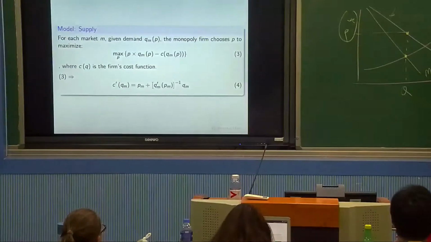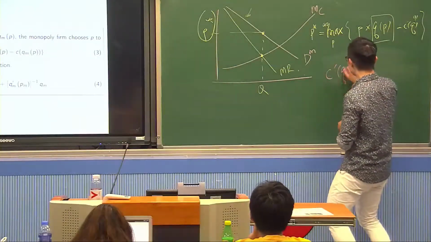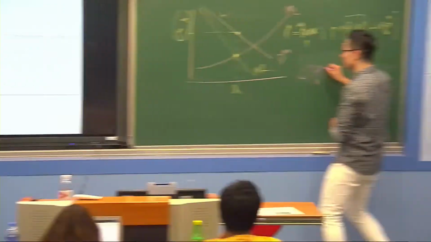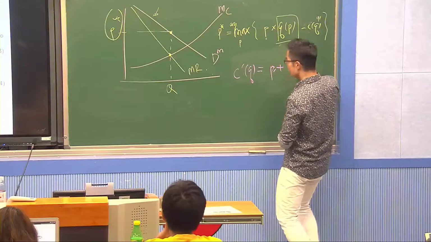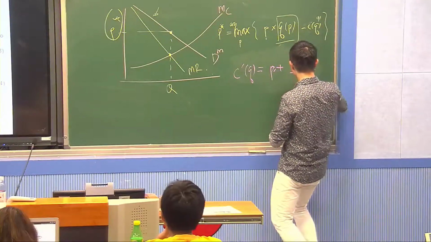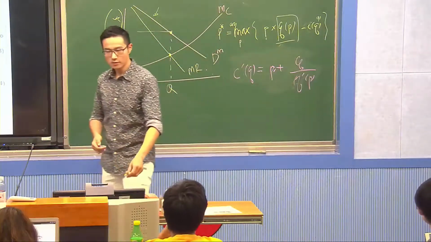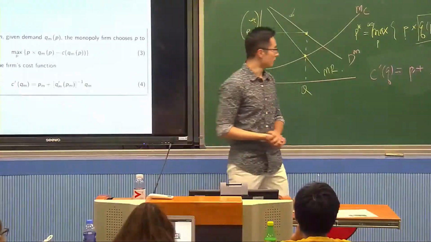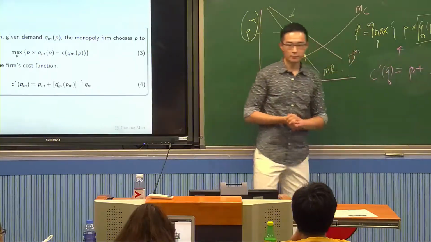So, okay, if you really solve it, then what you get is the marginal cost at the optimal point. The marginal cost is P plus Q divided by Q prime P. Okay, right? So that's the pricing formula for the monopoly. So this is a solution to this problem.